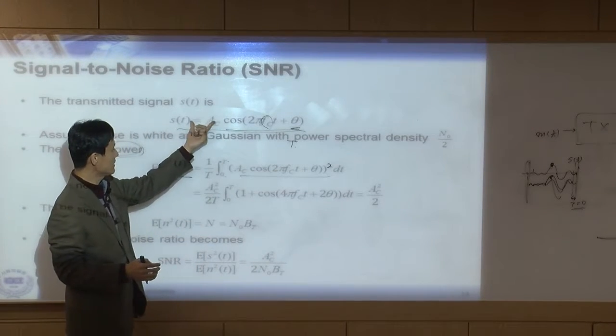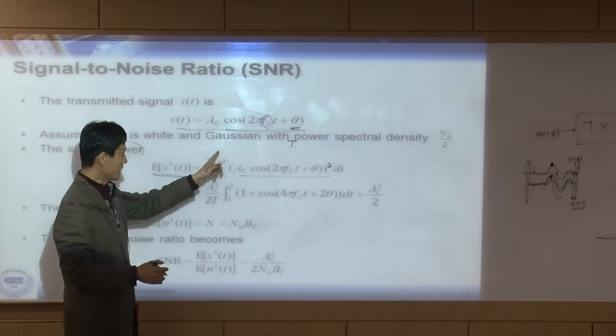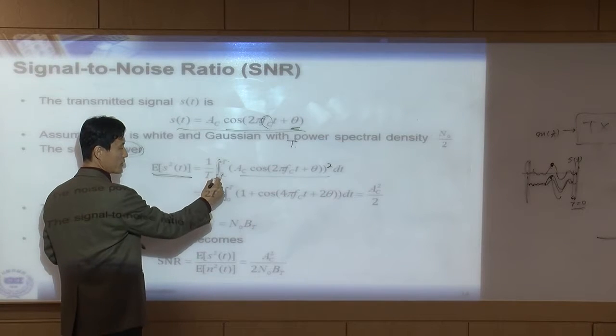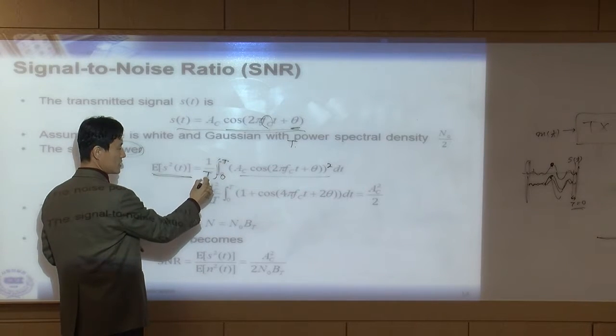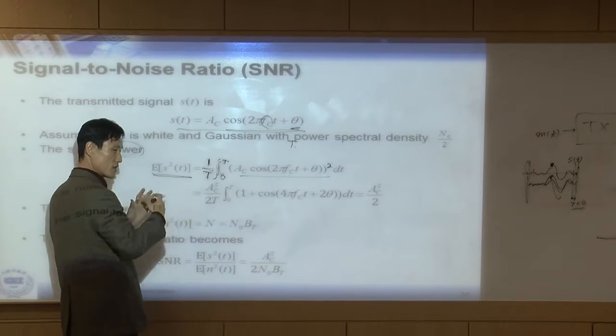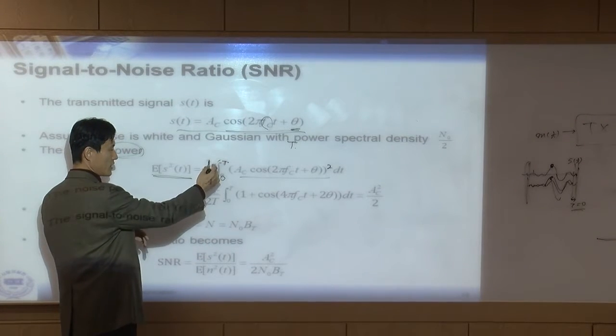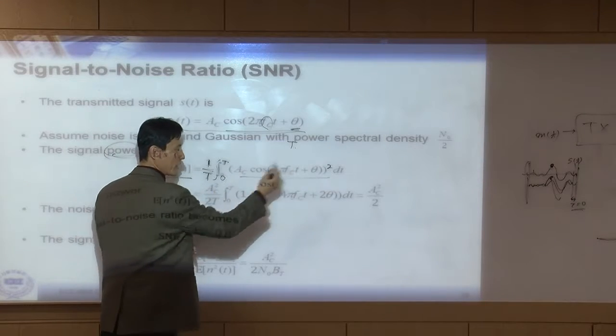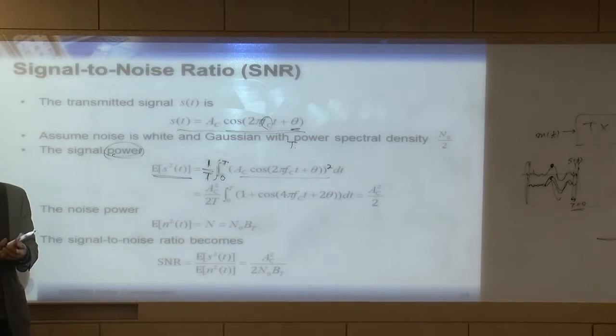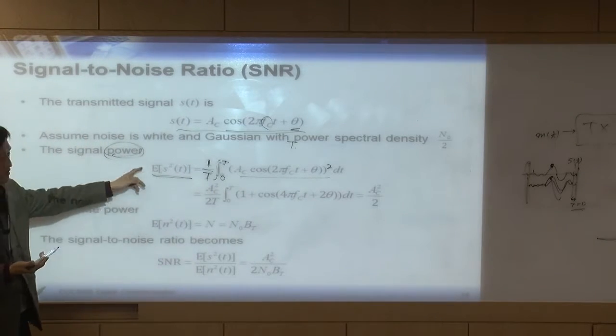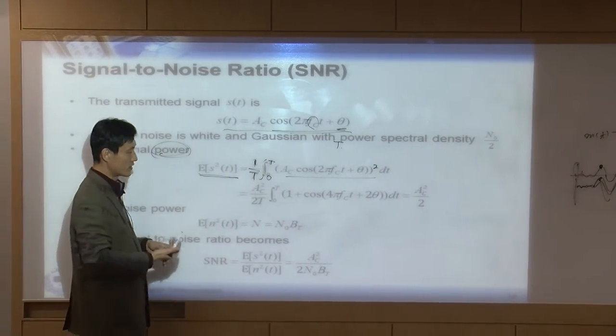So you take s(t), square it, and integrate over one period. And 1 over T is the size of the period, because we are taking the average over that time. So it's 1 over T integrating from 0 to T of the square. That's a very simple equation, and that's how you calculate the average signal power.